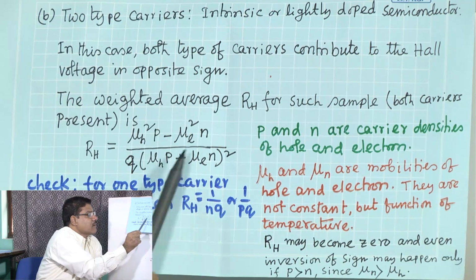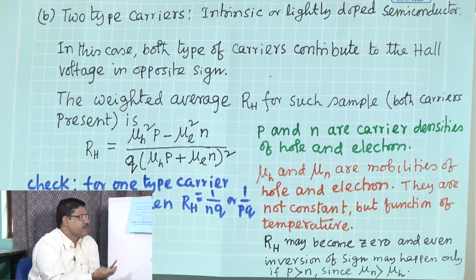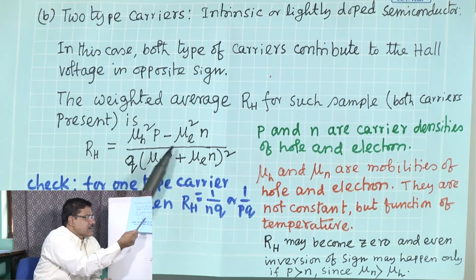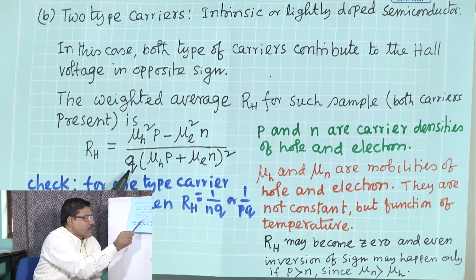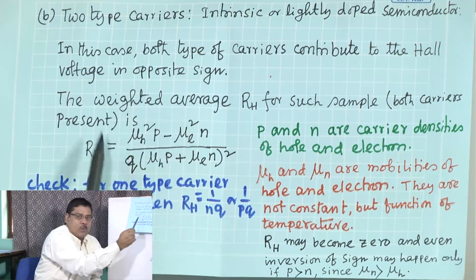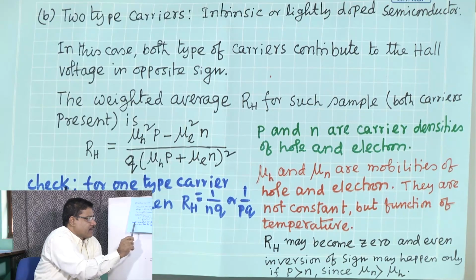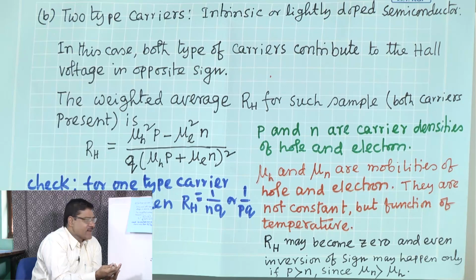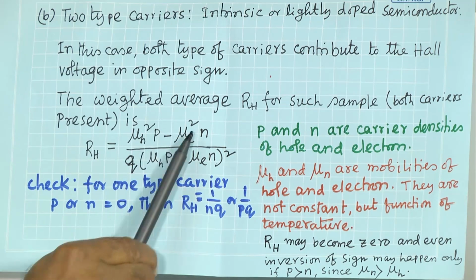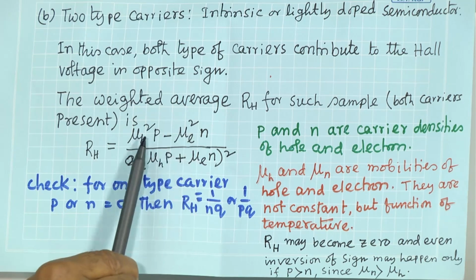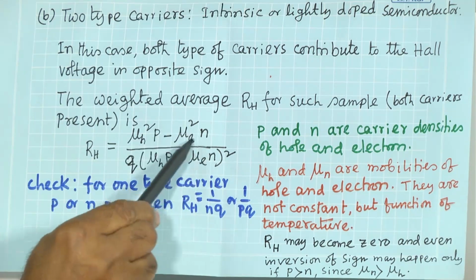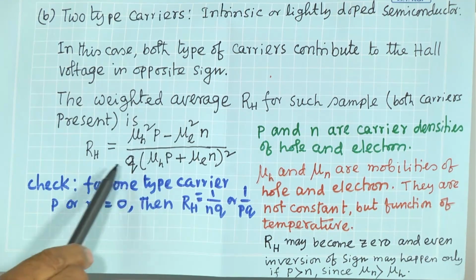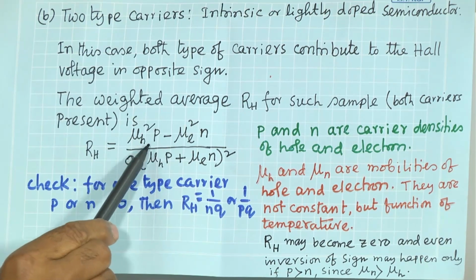So one can derive this formula. Check if it is one type of carrier, so either n equal to 0 or p equal to 0. If n equal to 0, this term will go. So mu_h squared p divided by q mu_h squared p squared. So mu_h squared will go, and there will be 1 by p q, or 1 by n q.